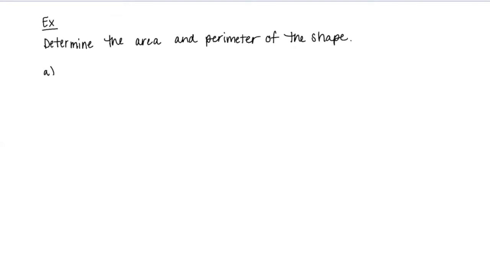And so the first one we're going to do is a parallelogram. Again, definitely not drawn to scale. This is 27 centimeters. This is 3 meters. And we are told this distance between those two sides is 20 centimeters.